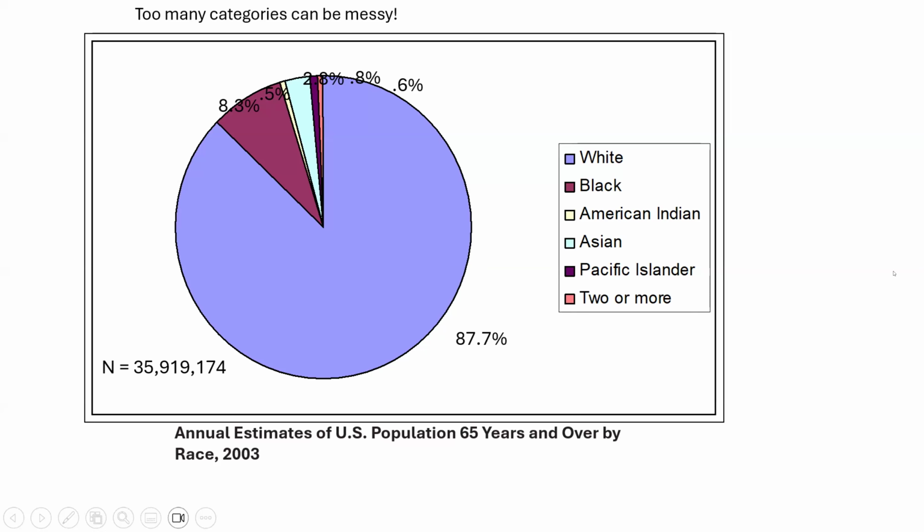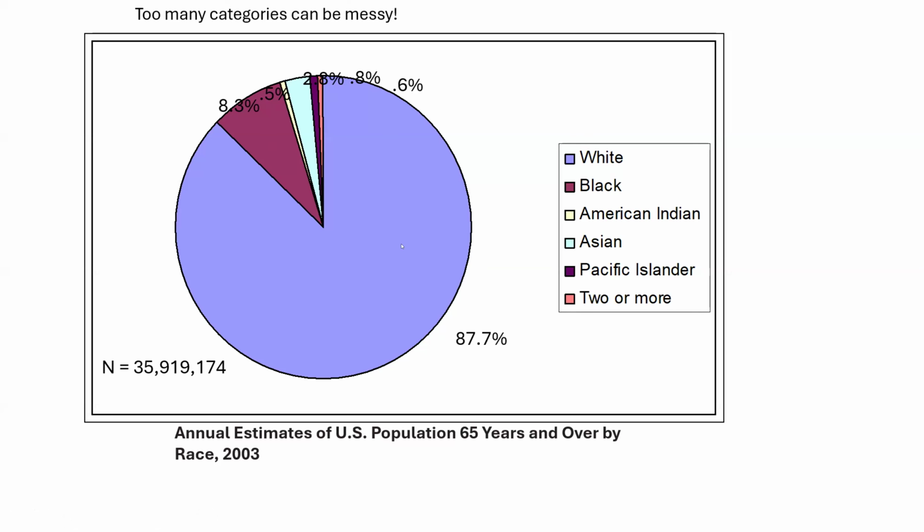If we read this, let's say this is representing the population: annual estimates of US population 65 years and over by race. It is trying to say that in the US 87.7% people are white, 8.3% are black, and the rest are difficult to analyze.